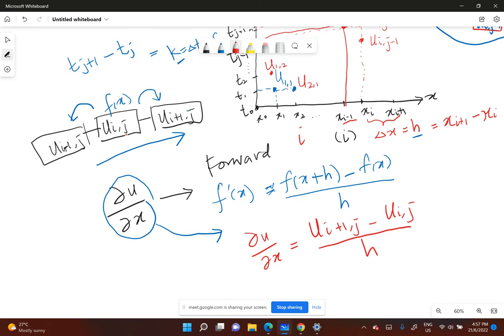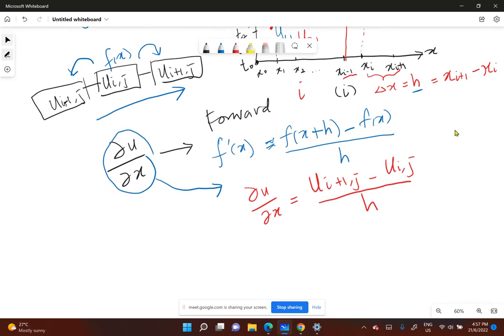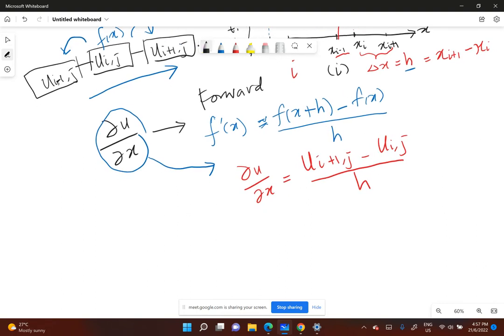Boleh. Okay. And now if let's say I want to use backward. Kalau lah you look in your previous chapter, in page 122, 2 point backward dia macam ni kan, Fx minus F minus H divide by H. So sekarang, this one PDE we also can use backward.